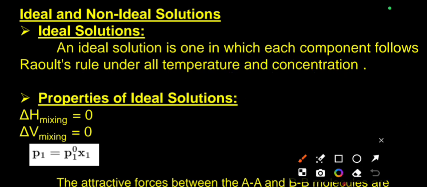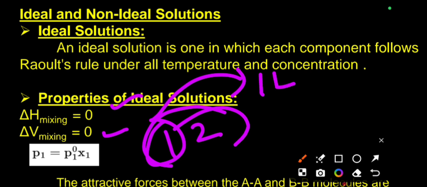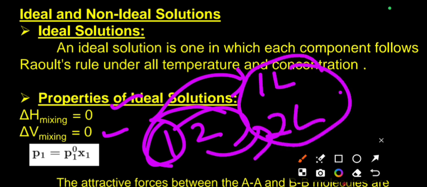So we can write now del H mixing is equal to 0 because there is no change. In the same way you can say delta V, change in volume, is also equal to 0. If you take two components 1 and 2, the first having a 1 liter volume, suppose the second is having a 2 liter volume, then after mixing definitely you will get 3 liters only.